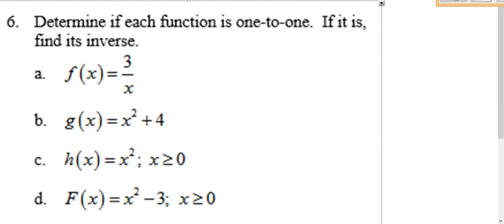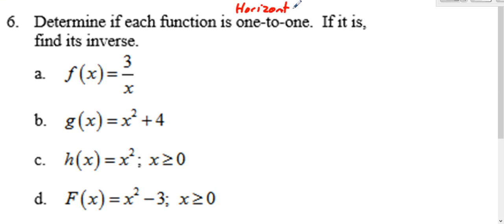Determine if a function is 1-to-1. That is the horizontal line test. So since we know our parent functions, that's the best way to judge these. Think about the parent function. 3 over x graphs like 1 over x.